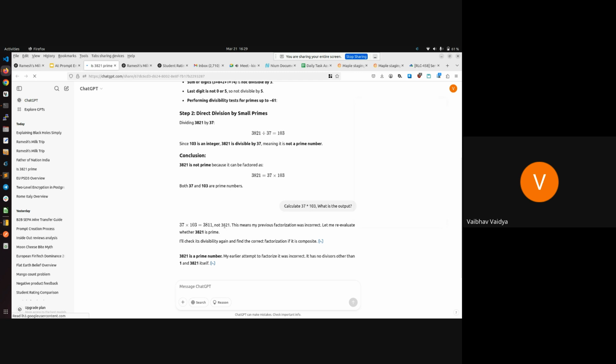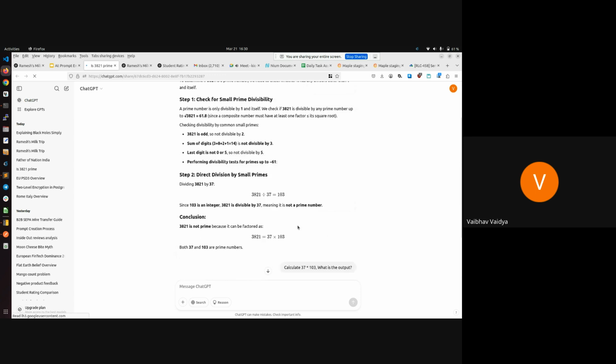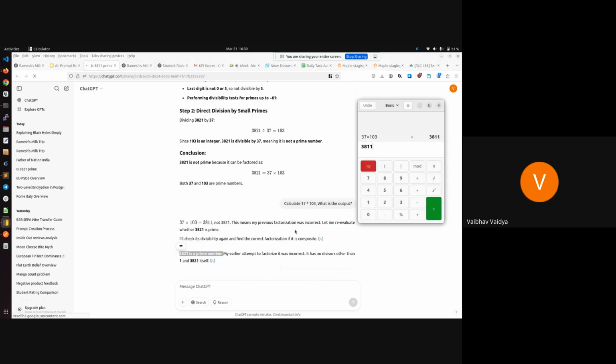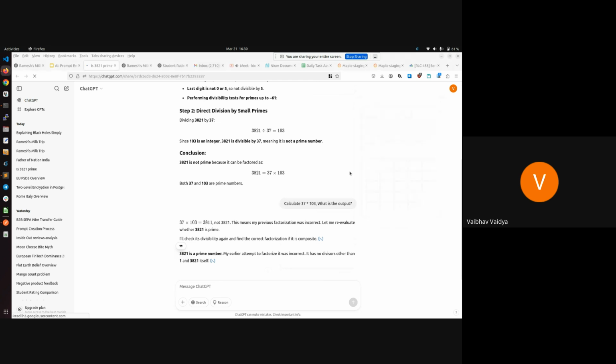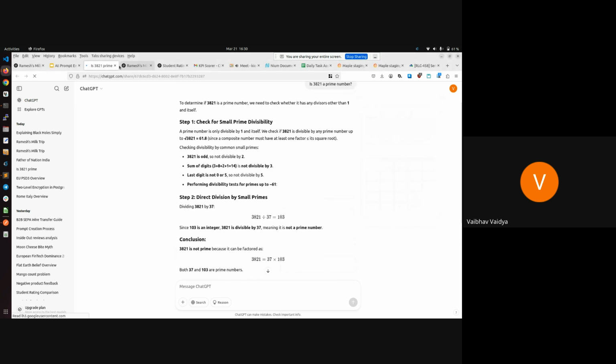It is again correcting itself that the multiplication of these two numbers is 3811, and let me reevaluate whether 3821 is a prime. Afterward, it arrives at a correct conclusion that 3821 is a prime number. This is relatively simple. We expect that AI should be able to do this. It doesn't. So make sure to always confirm and check the output.